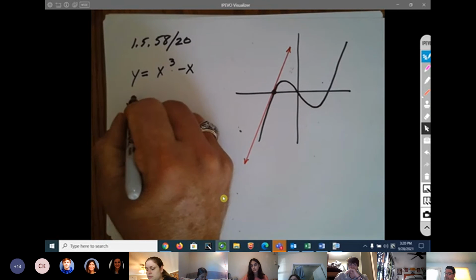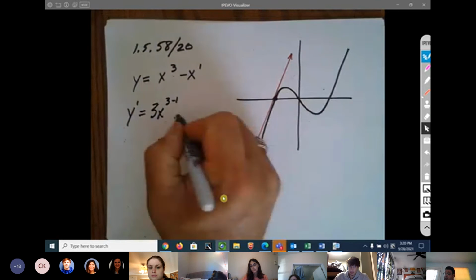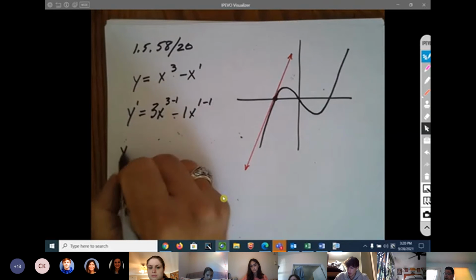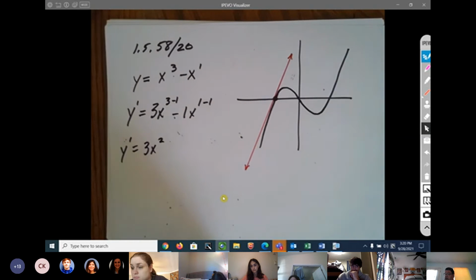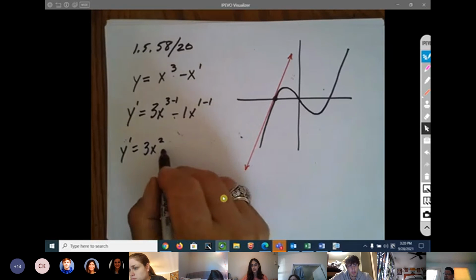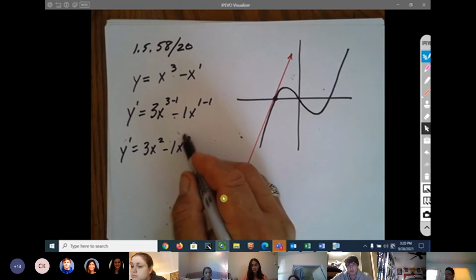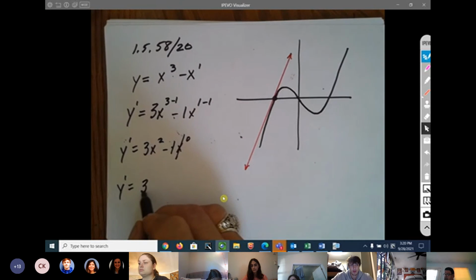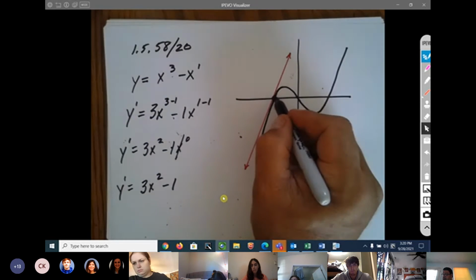Y prime is equal to 3x to the 3 minus 1 minus 1x to the 1 minus 1. Y prime is equal to 3x squared minus 1x to the 0. Well, x to the 0 is 1. 1 times 1 is 1. So y prime is equal to 3x squared minus 1. And what is x right here?